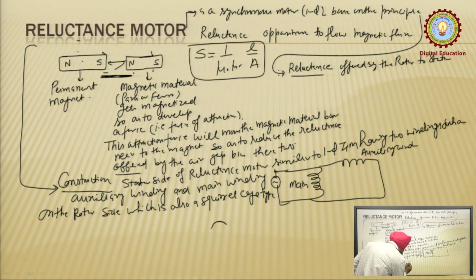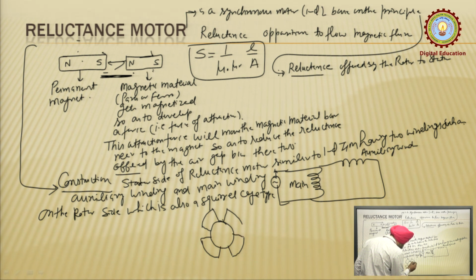Suppose this is our rotor circuit, and some of the slots from the rotor circuit are removed so as to have salient pole type construction.